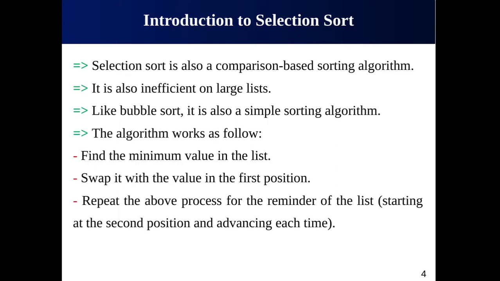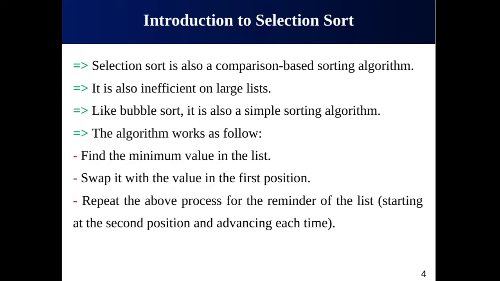Now the question is how selection sort actually sorts out the data. Every algorithm that we use for sorting actually uses a different technique, a different mechanism to sort out the data. We have already observed that the technique used by insertion sort was different from the technique used by bubble sort. And now we will see that the technique used by selection sort is different from bubble sort as well as from insertion sort.